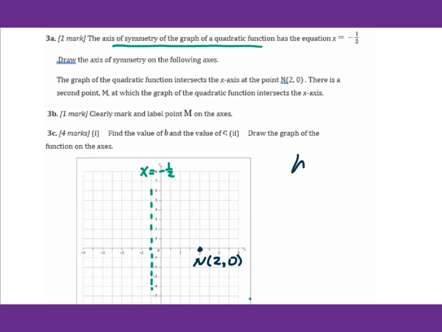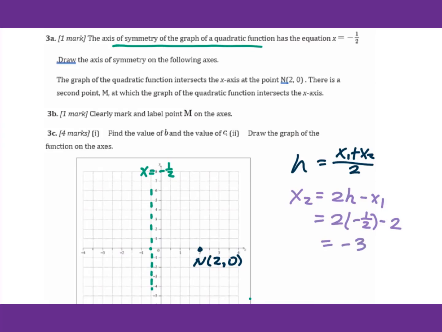Since h equals (x1 plus x2) over 2, remember that x2 equals 2h minus x1. You can plug in 2 times -1/2 minus 2. That equals -3.